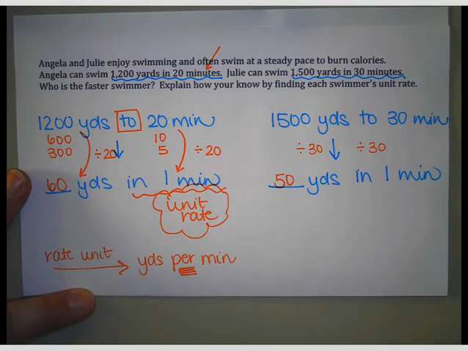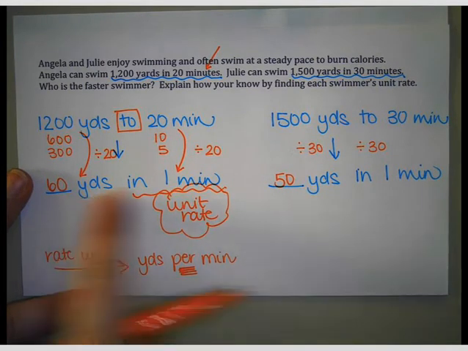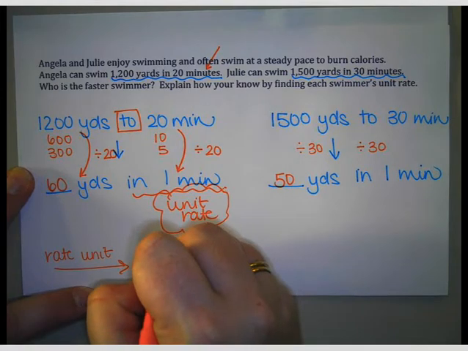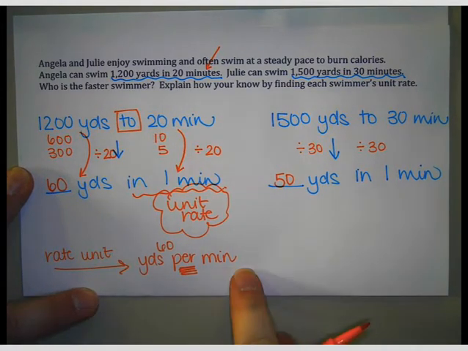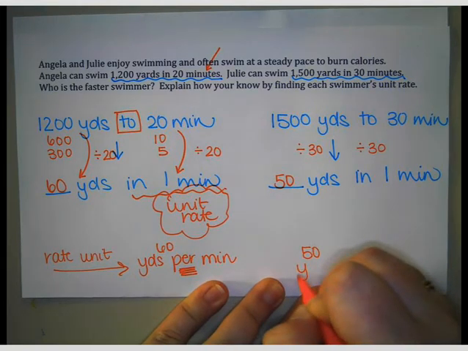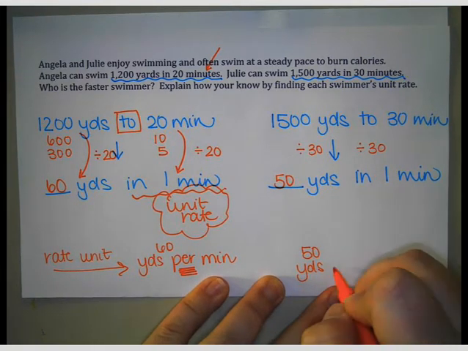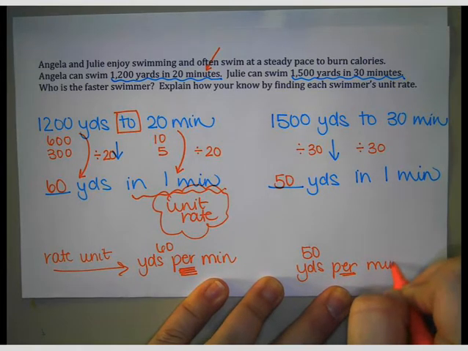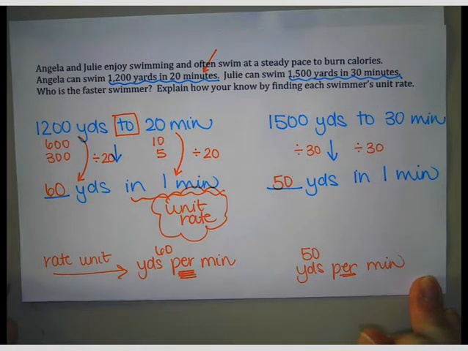Rate units are just like the label, yards and minutes. So what I'm coming up with is yards per minute. Specifically, Angela swims 60 yards per minute, and Julie swims 50. And then here's her rate unit, yards per minute. I hope that makes sense.